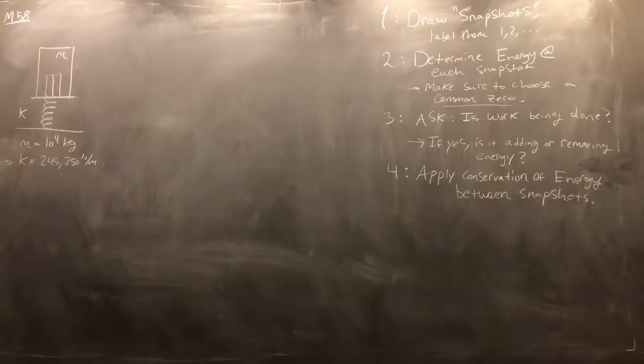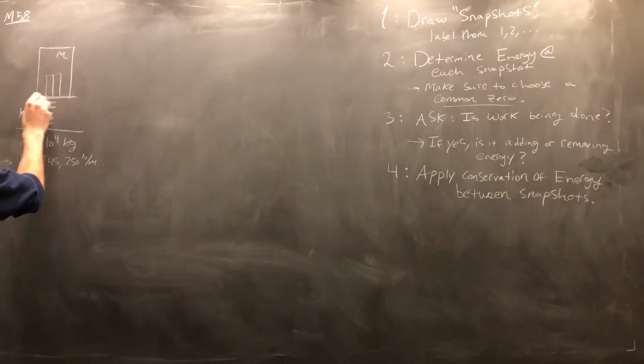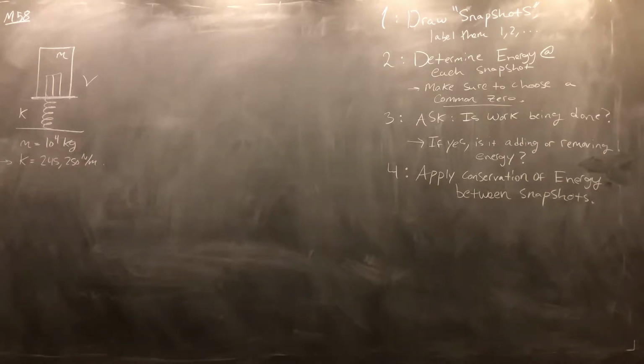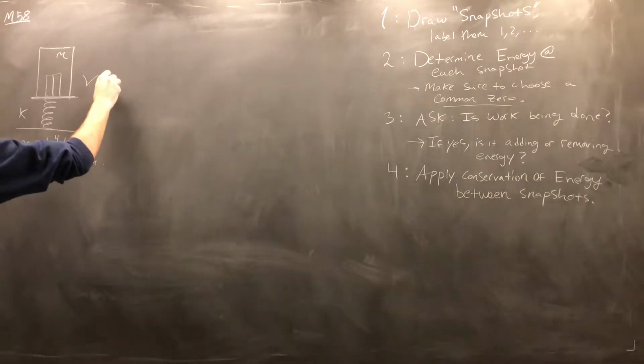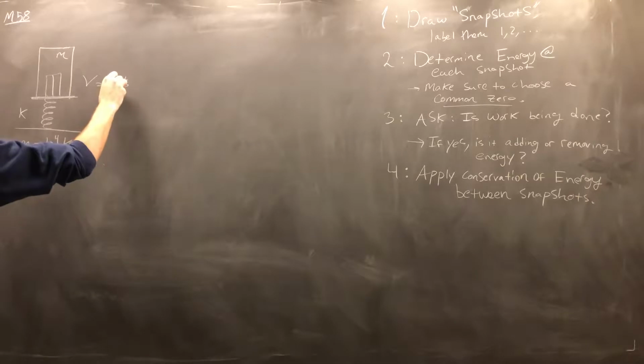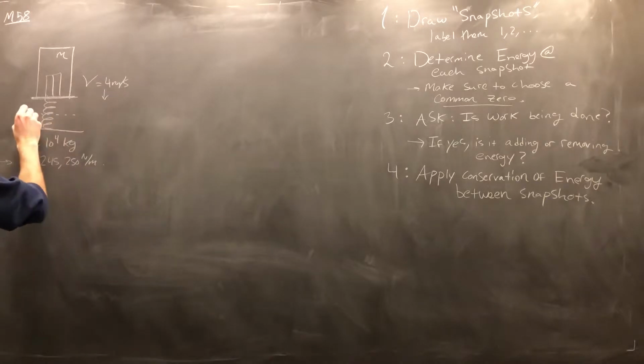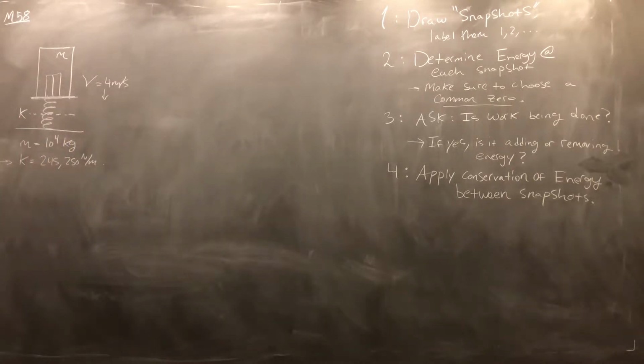At the instant it just touches the spring, there's some velocity v, which is 4 meters per second downward. The question wants to know how far the spring is going to compress given this initial condition.